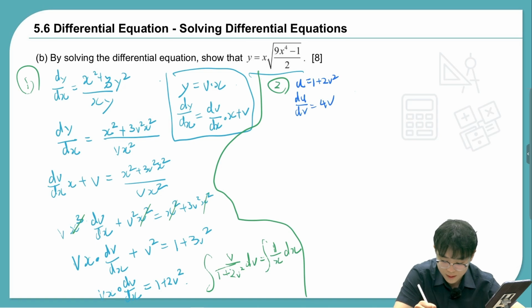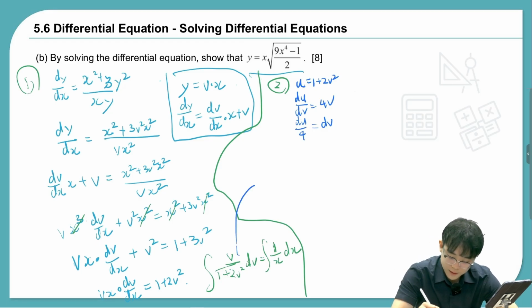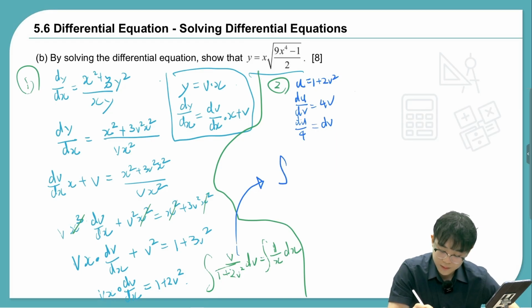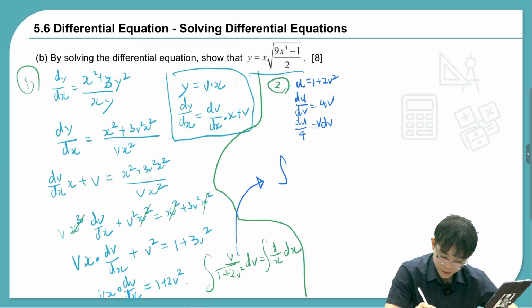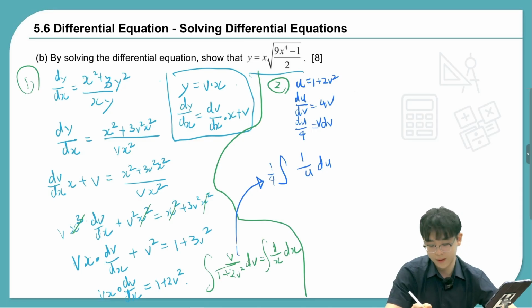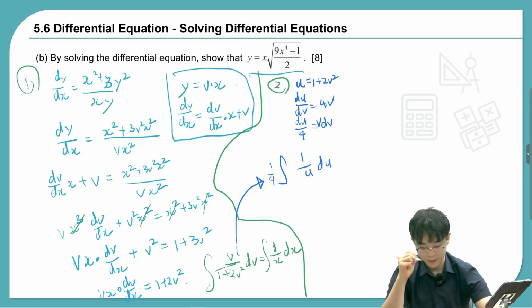And then we could say v dv is du over 4. So we can substitute this in: we integrate with u in the denominator, and instead of v dv, we get 1 over 4 du. So we get 1 over u du on the left side.